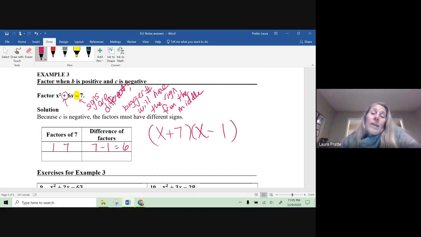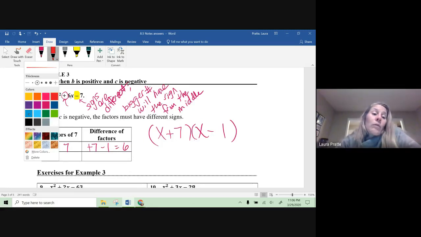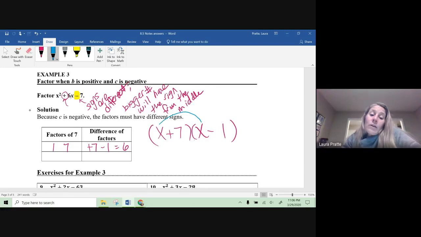Then the smaller one will get the opposite sign, which will be negative. And that makes sense because positive 7 and negative 1 will add up or combine to get me the positive 6. But when you multiply the two, if you're foiling, when you multiply, that's when the negative times the positive will equal that negative. So we have to FOIL here to check it.